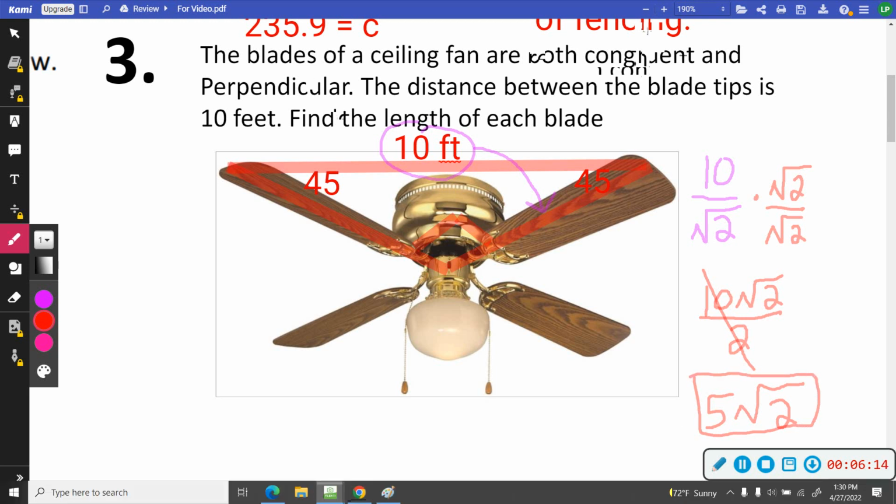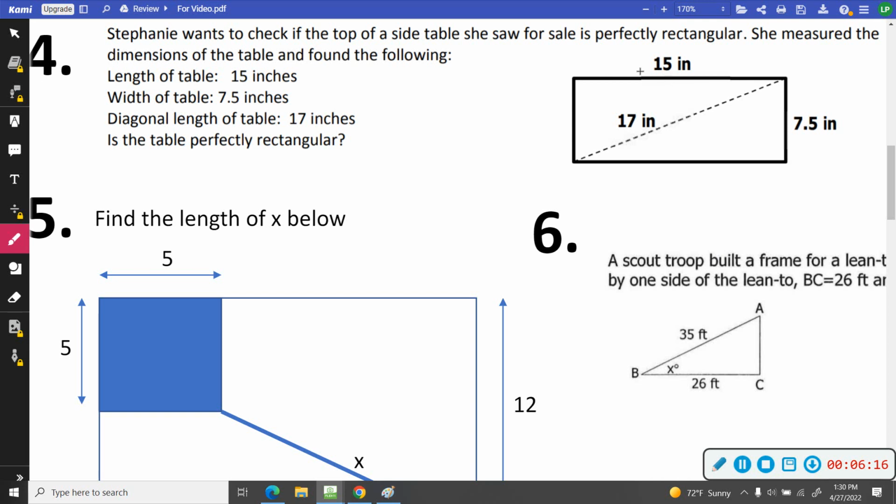In this problem, we have a table, and it says that one leg is 15, another leg is 7.5, and they measured from one end to the other and got 17. And she wants to know, is the table perfectly rectangular? In other words, is this 90 degrees?